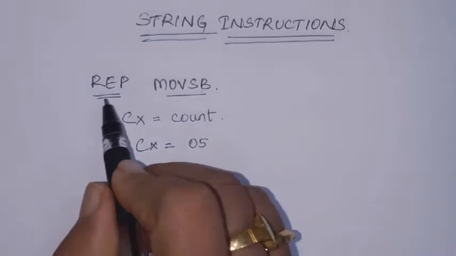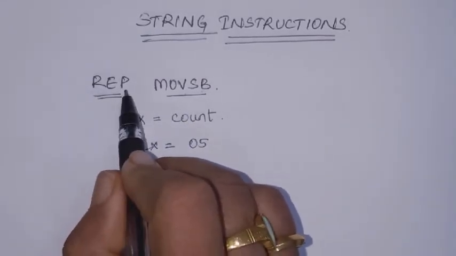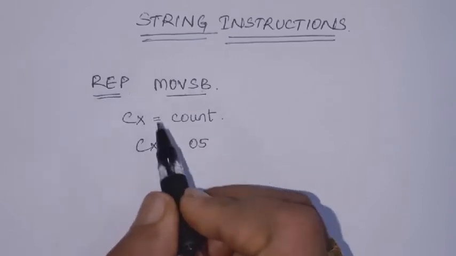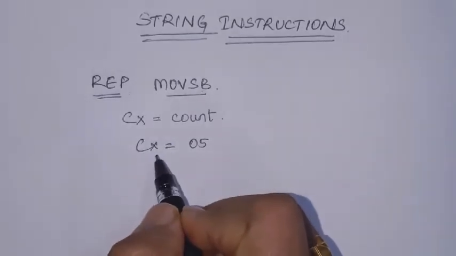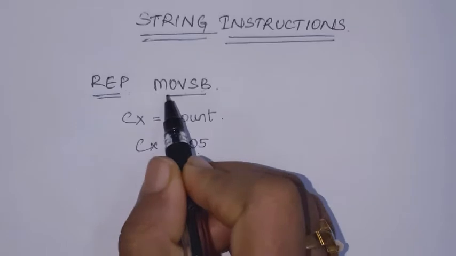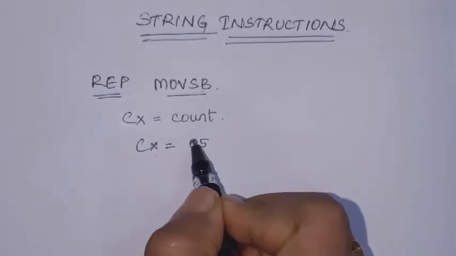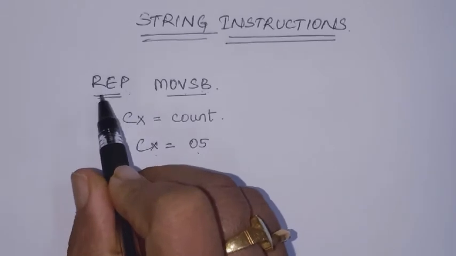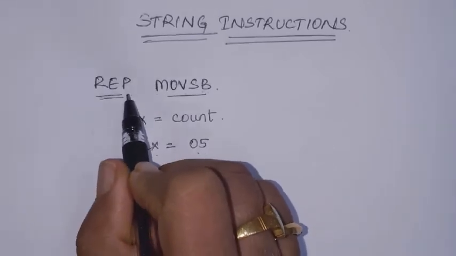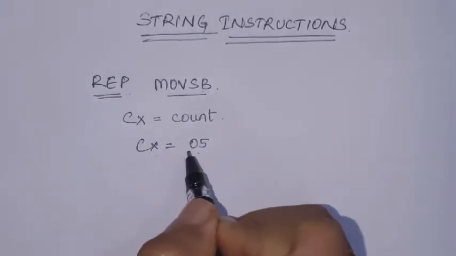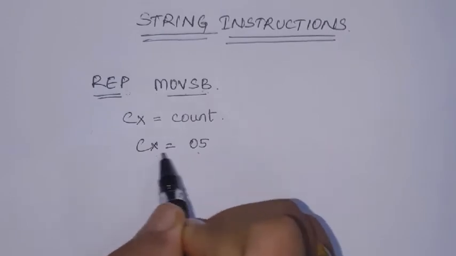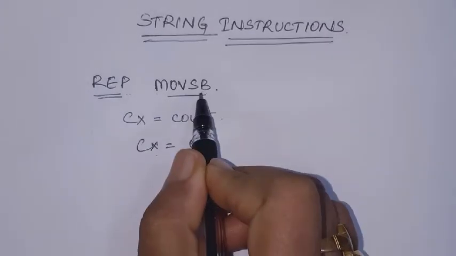When repeat is executed, the CX contents are checked. If not equal to 0, then execute this instruction and CX is decremented by 1. Again, when it executes the repeat, it verifies whether CX is equal to 0 or not. If not equal to 0, execute the instruction.